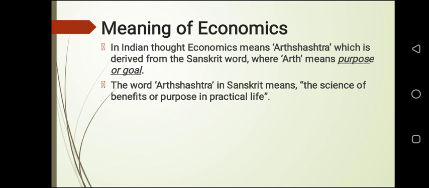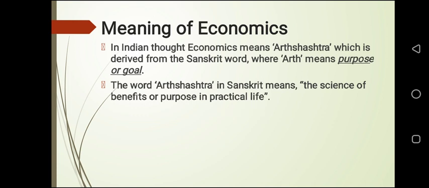So their principles are here, and how a human being lives in his practical life, with what purpose he lives in the practical life, we are going to know. So this is what arthashastra means in Sanskrit. It's a study of the different benefits, wealths, needs of a human life in a practical world.